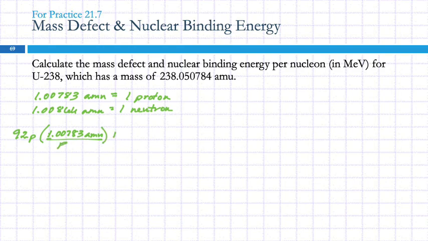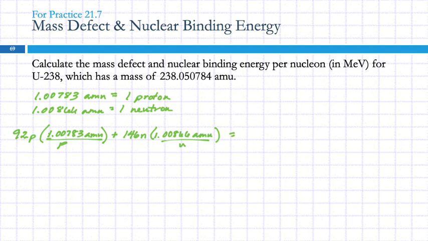And how many neutrons does it have? 238 minus 92, so 146. 146 neutrons times the mass of a neutron. So 146 times 1.00866.